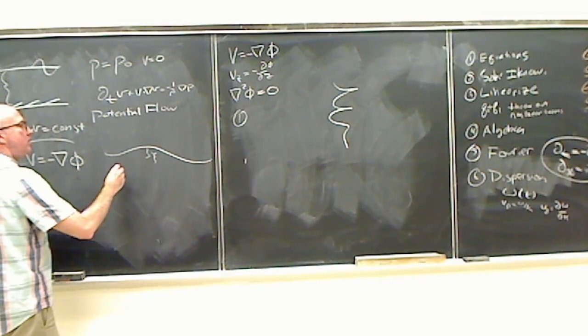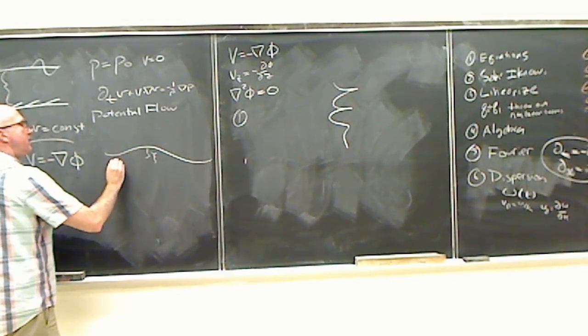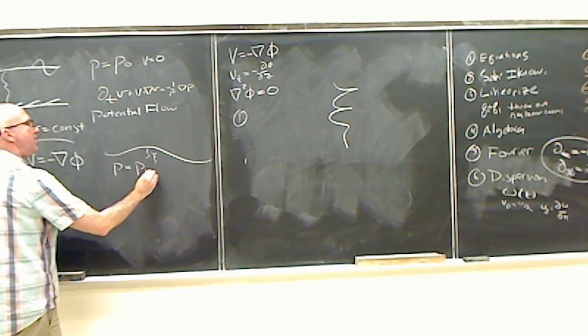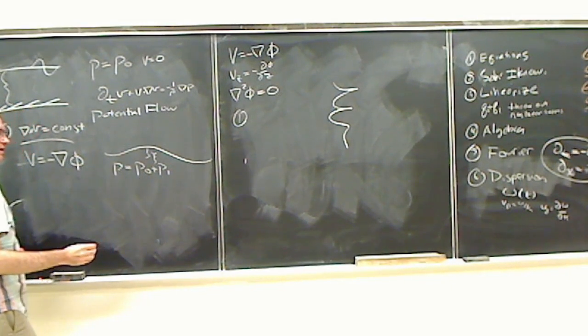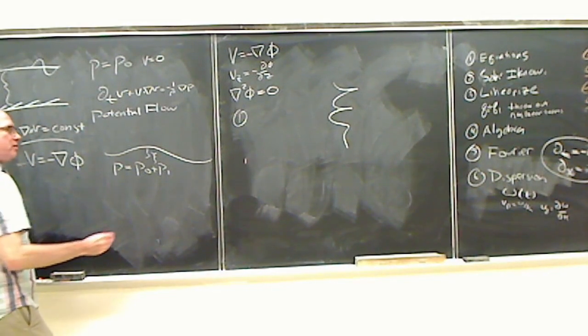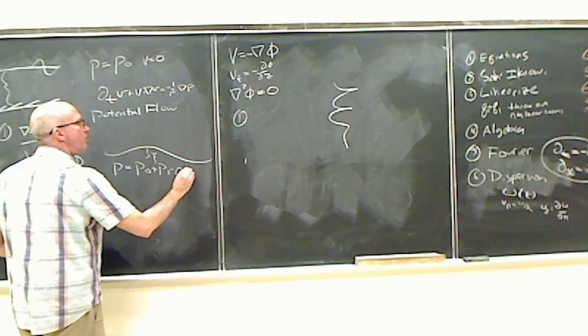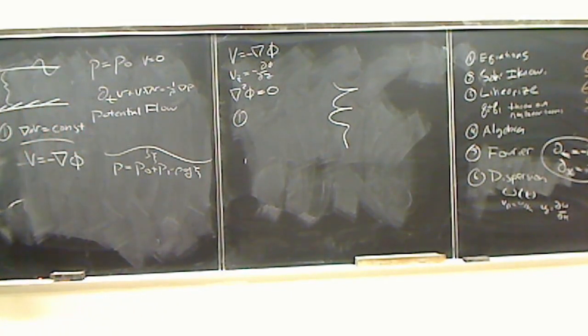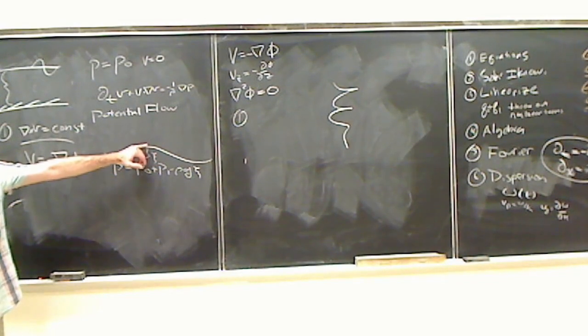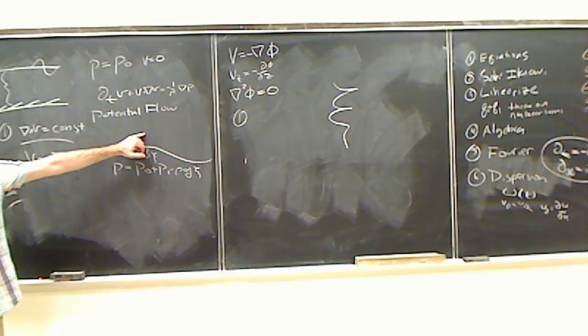So what I know is that when I raise this up a little bit, my pressure is going to be P naught plus P1, which is my perturbation, minus rho g c. Why can I say that? Because if I pick this up by a little bit, by Bernoulli's equation, I just lose a little bit of the gravitational potential. Does that make sense?